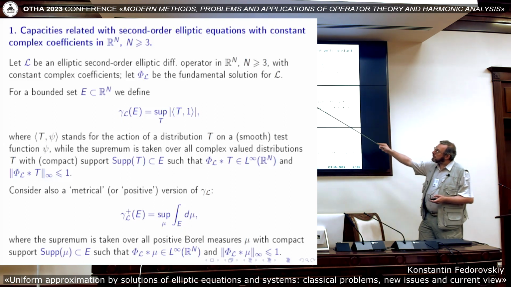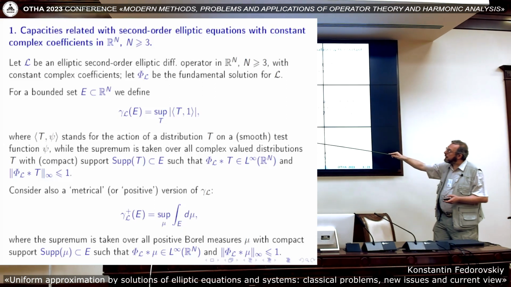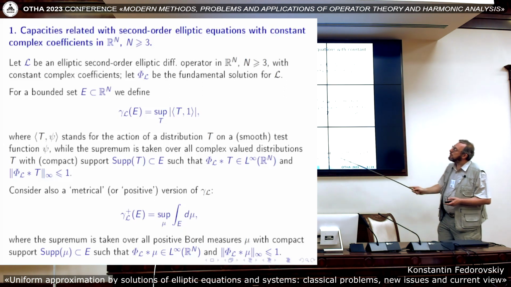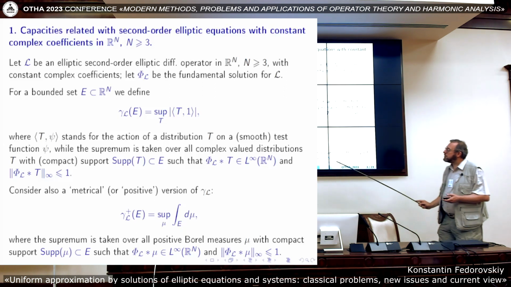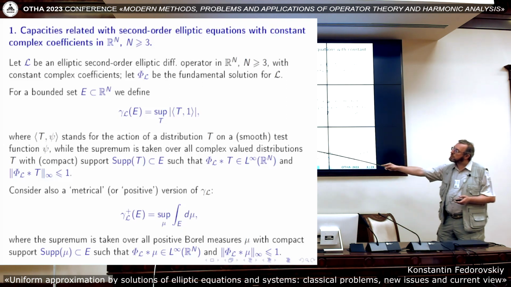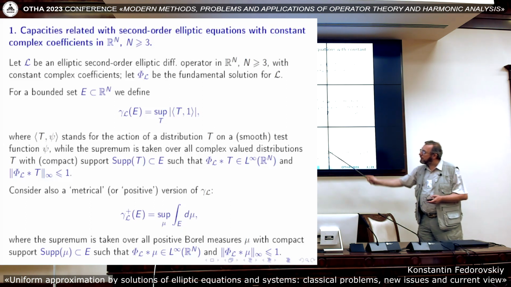So if we restrict ourselves to the class of distributions defined by positive Borel measures, we obtain the so-called positive, or also called metrical, version of our capacity, the capacity gamma_L^+.